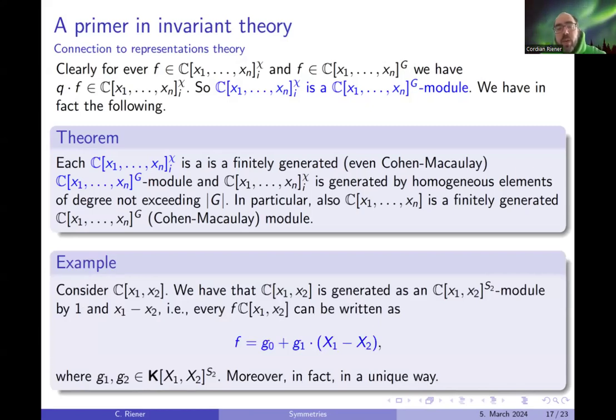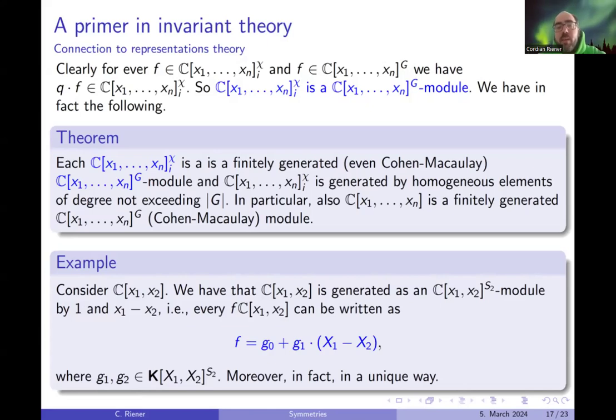If I just look at a very simple example, namely the symmetric group S2 acting on the two variables x1, x2 by permuting them, then we actually have that this polynomial ring in x1 and x2 is generated as a module over the invariant ring of the symmetric group by 1 and the polynomial x1 minus x2.